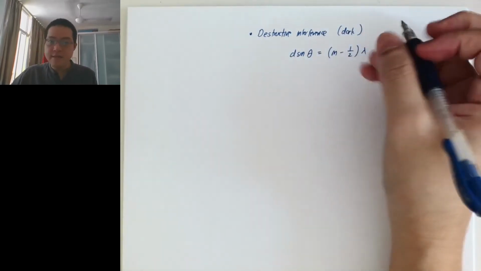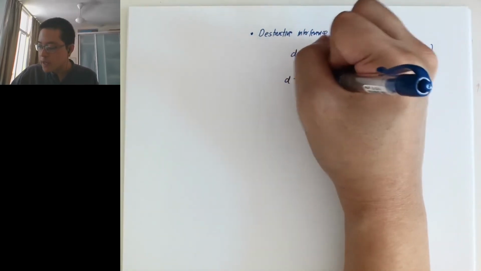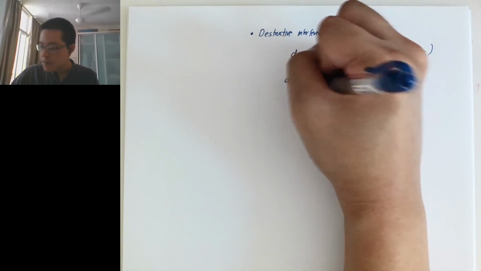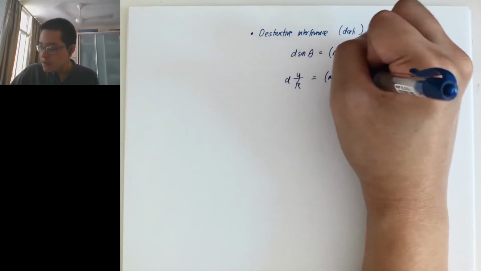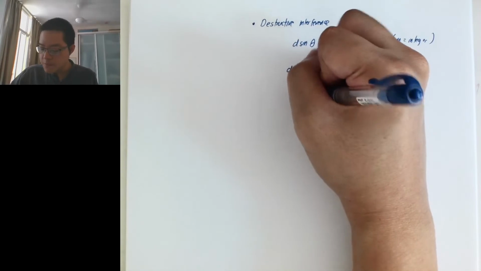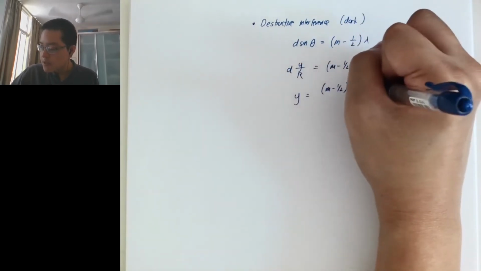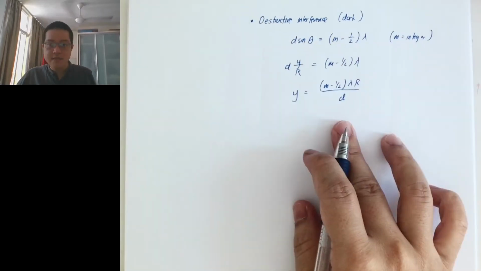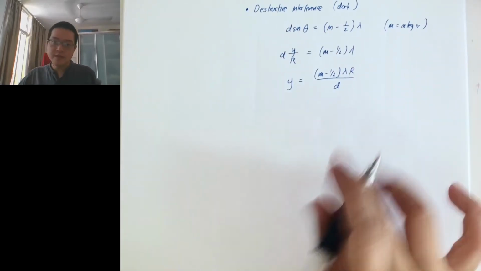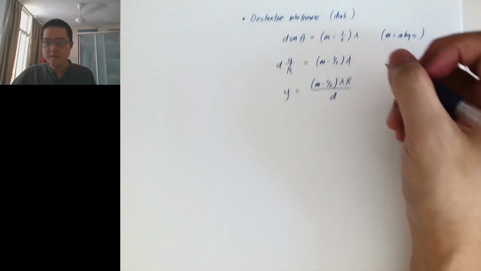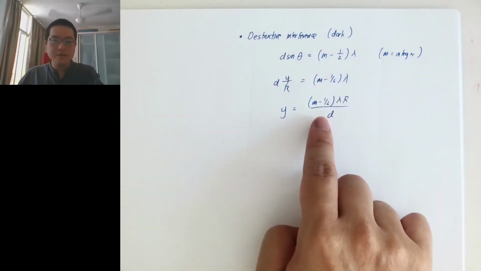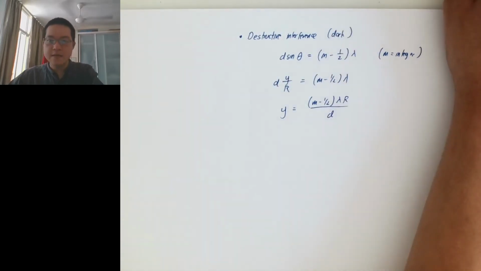And d sine theta is approximately y over r, and this is (m minus half) lambda. So the coordinate for y is (m minus half) lambda r over d. This is the formula for the destructive interference. So for these positions, you will get the dark spots over here.